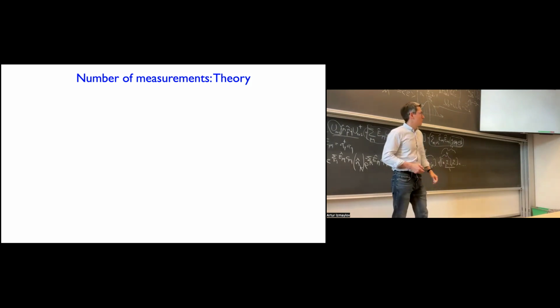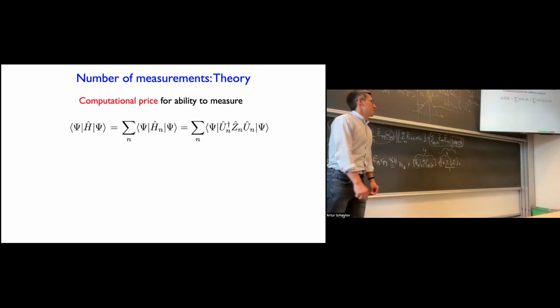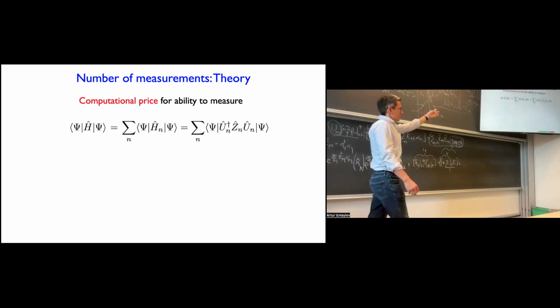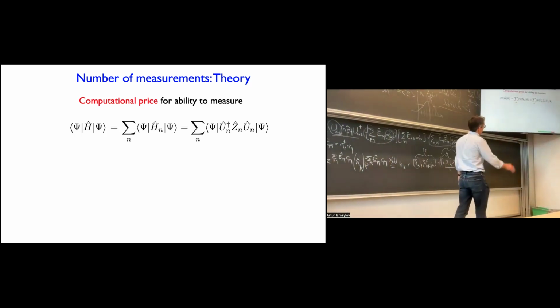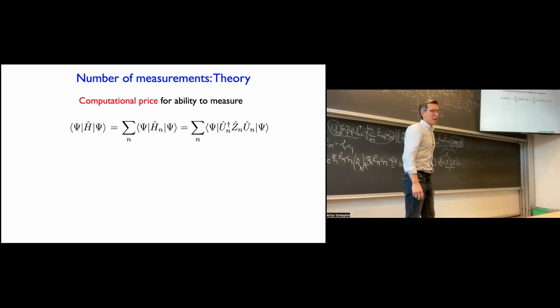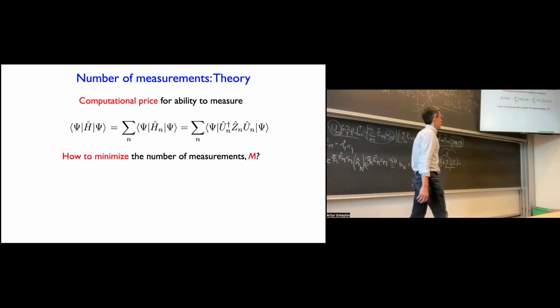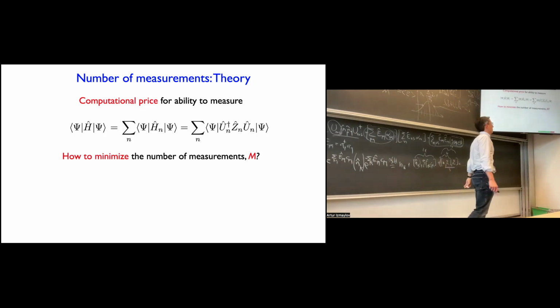There is some statistical theory that we need to review very quickly. It's not that complicated, but it's very important because, as I said, we're measuring eigenstates of not fragments, maybe not even the Hamiltonian. We prefer states which are approximate eigenstates of H, but they are definitely not eigenstates of the fragments that we're measuring. And we would like to minimize the total number of measurements.